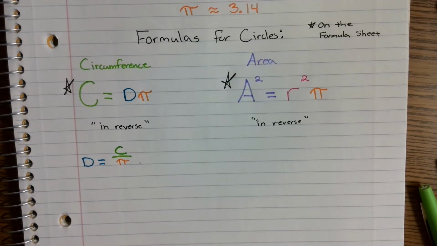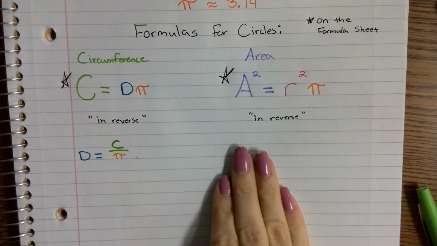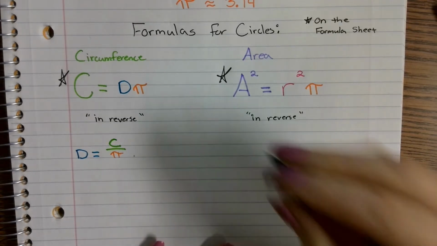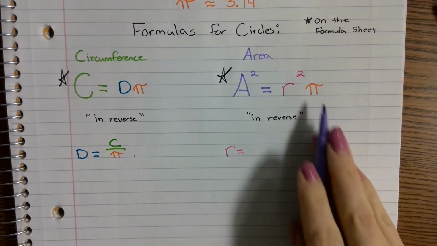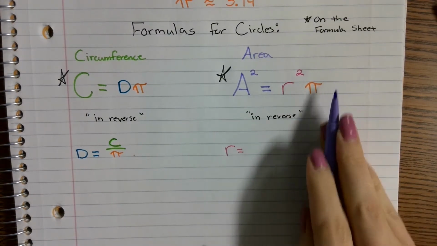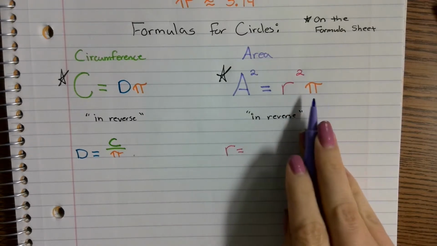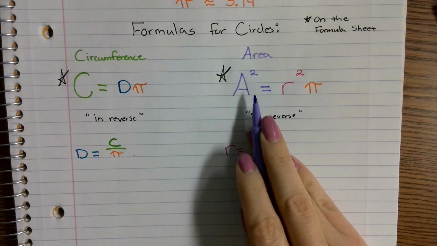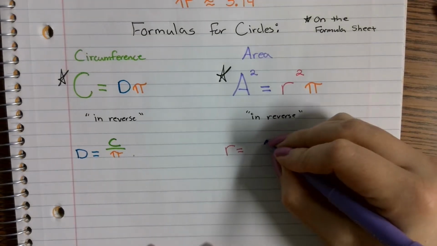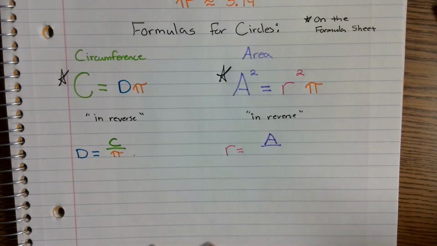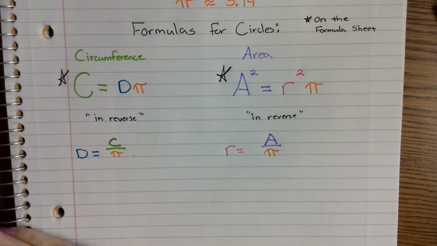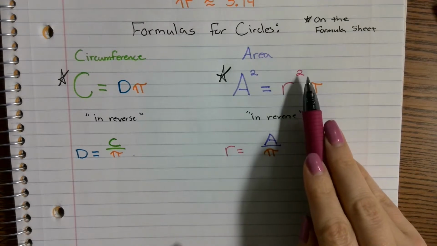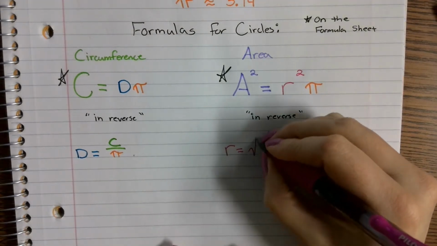For the area, again, to work in reverse, meaning I want to get r isolated, it's the same idea. Right now, I'm multiplying by pi, so instead, I'm going to take area and divide it by pi. So area divided by pi. But then we've got the fact that it's not just r, it's r squared. So the inverse operation to a square, an exponent, is to take a thing called a square root.